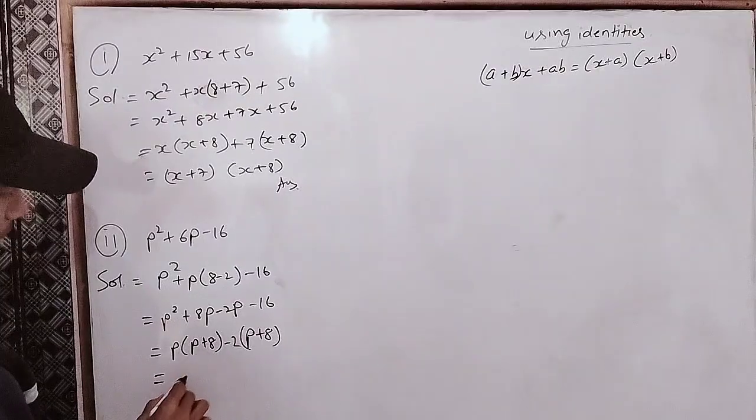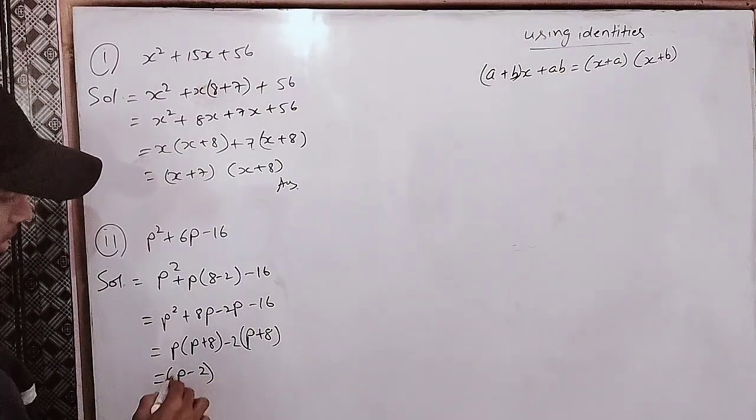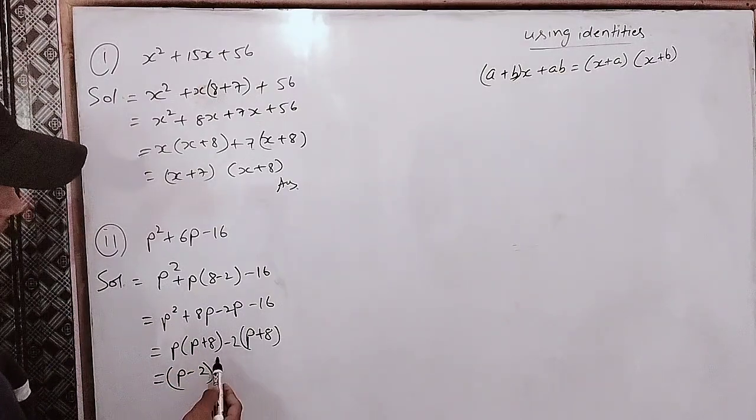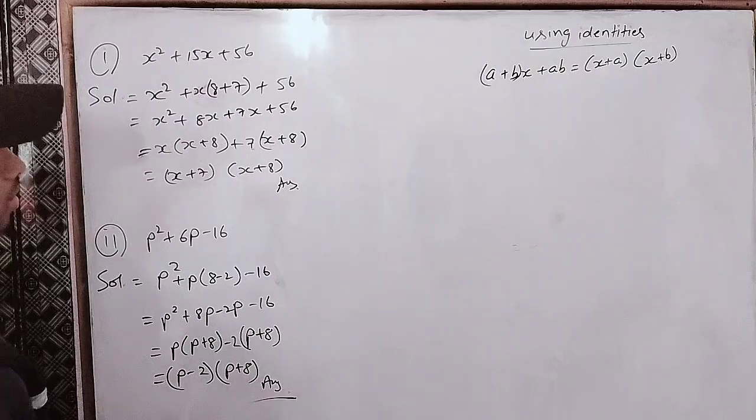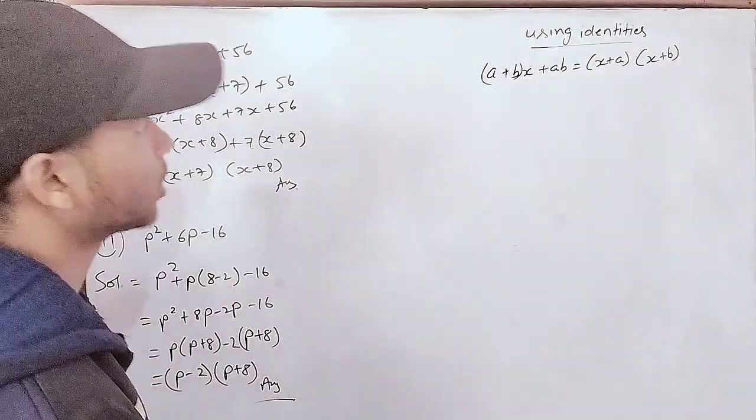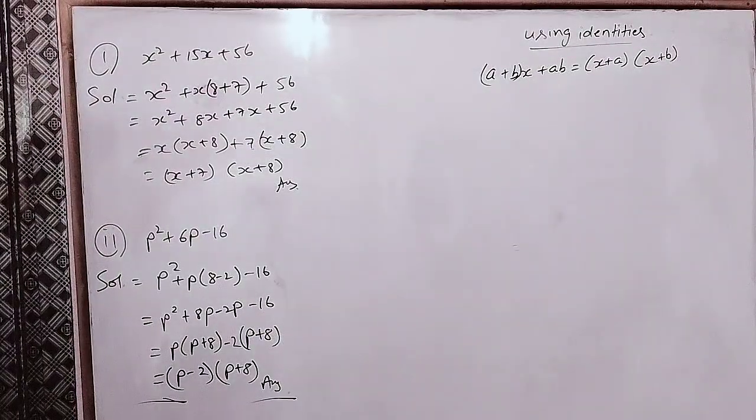Now p minus 2 is outside and p plus 8 is common in that equation. Now this is the right way. This is the answer, which is right.